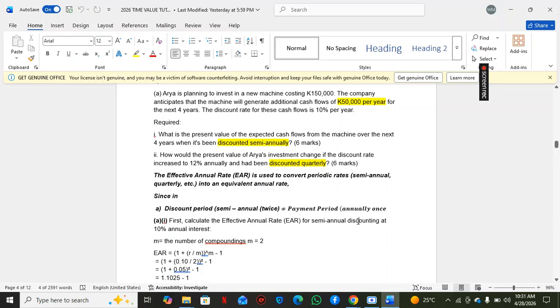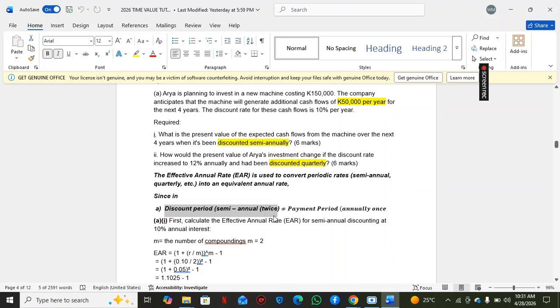So one way we can equate them is where we use the effective annual interest rate. The effective annual interest rate is going to convert this semi-annual discounting period into an annual period. Because as I said, the discounting period and the payment period should be the same.